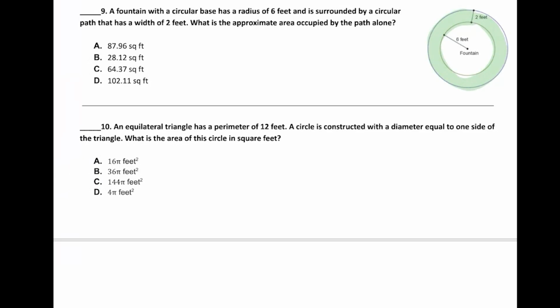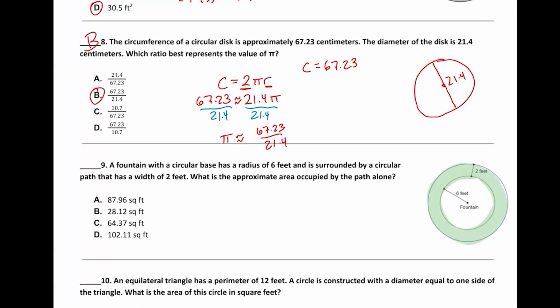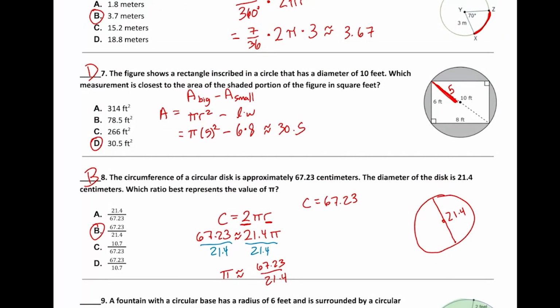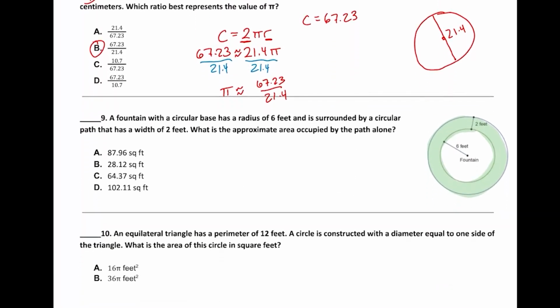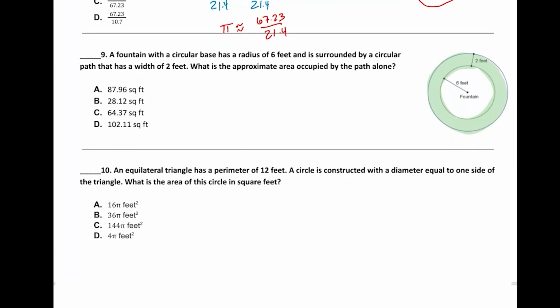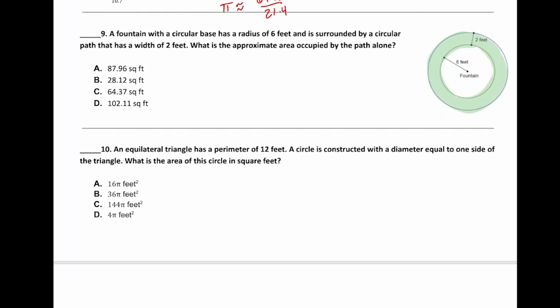This is going to be a problem kind of similar to number 7, in which we want to find the area in between two shapes. This is another one of those frame problems. So we need to find the area of the big shape and subtract the area of the smaller shape.